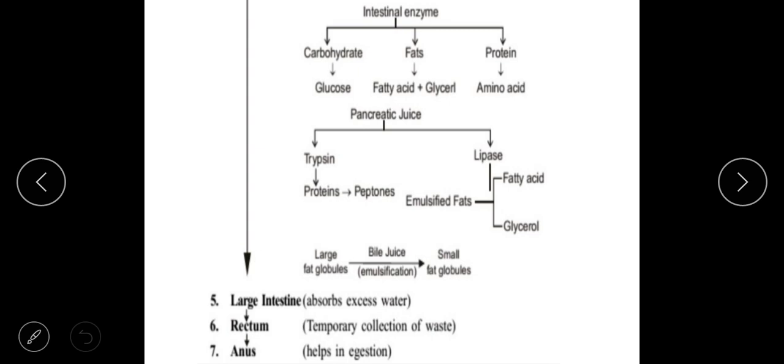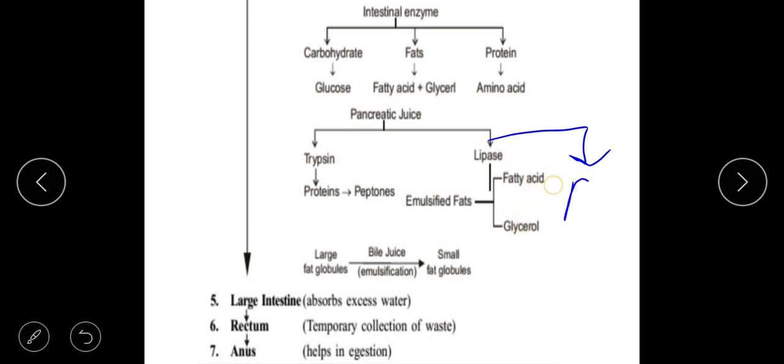Now, pancreatic juice consists of, here it is being shown, only two main enzymes. Here I would like to add one more thing, that is amylase also, a starch digesting enzyme. Please note it down, though in the flowchart it is not there. That is pancreatic amylase.